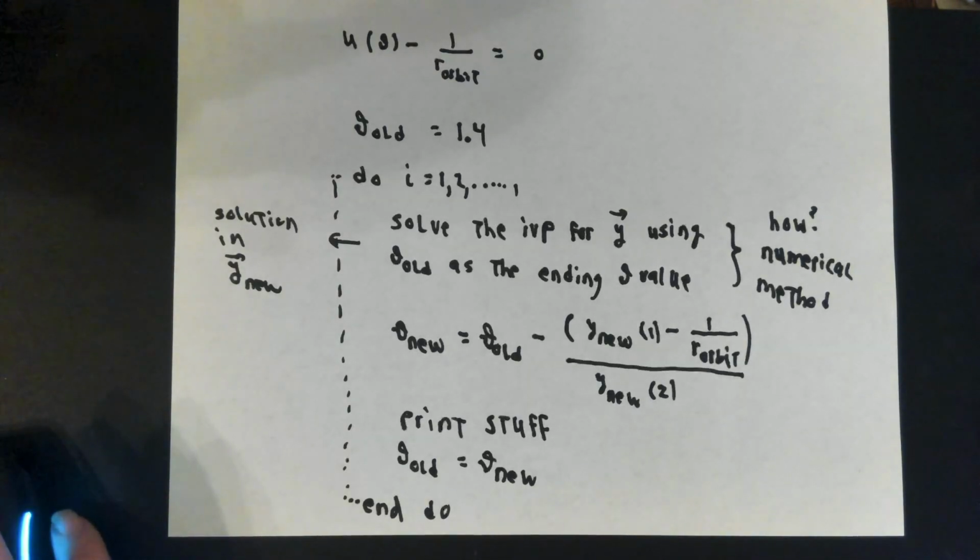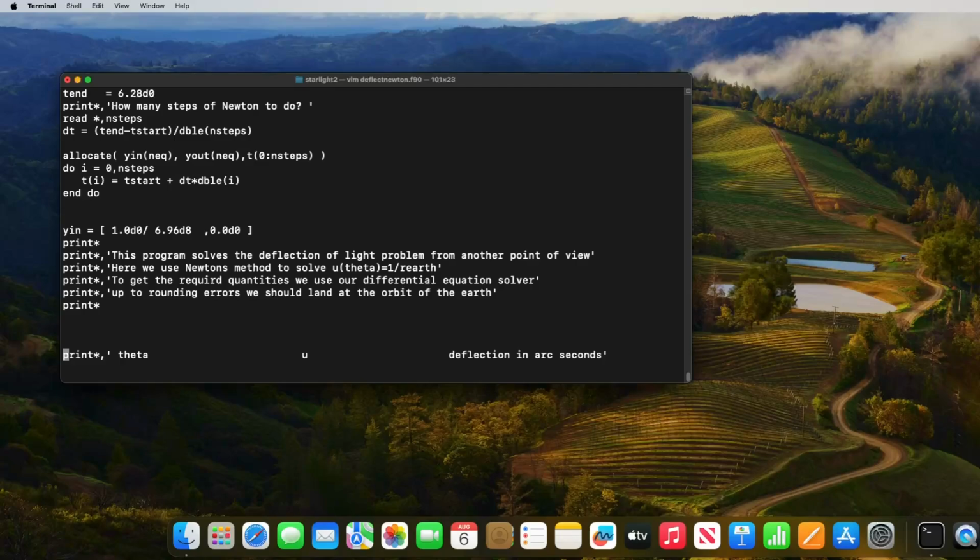Let's look at how I can program this now. It's worth mentioning that in the program that I've now constructed, I don't actually make use of the T array, so I could have just left that part out. Also, yn is always going to be the array 1 divided by 6.96 times 10 to the 8, comma 0.